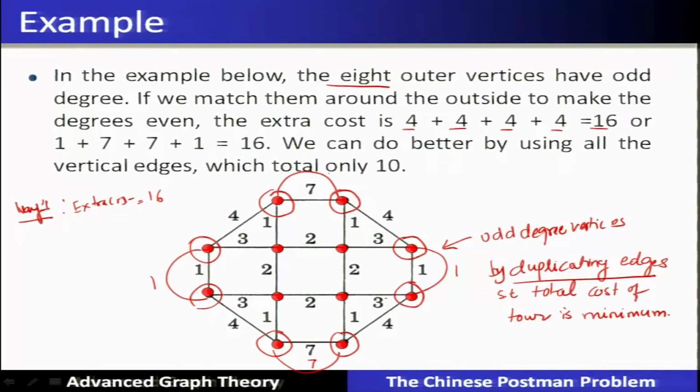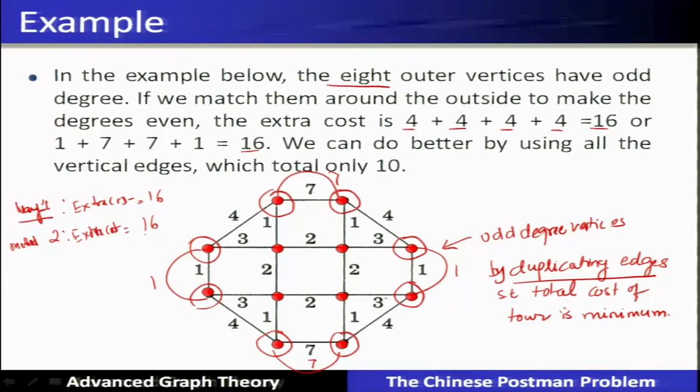So this duplication in the second method incurs an extra cost of 1 plus 7 plus 7 plus 1, which comes out to be 16.